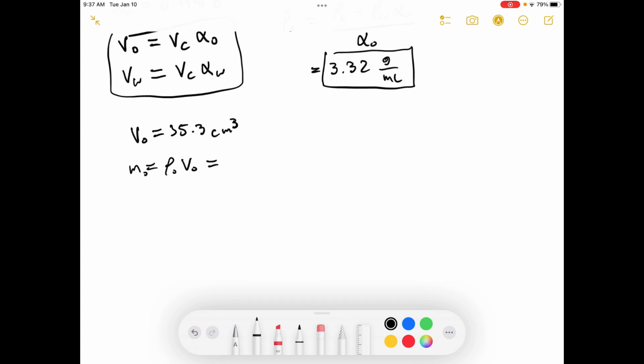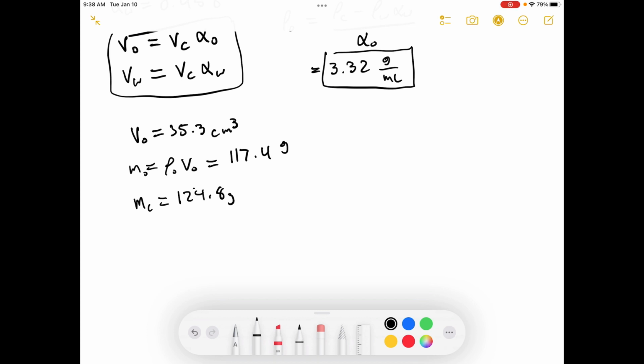So let's do the density of the oil times the volume, and that is 117.4 grams.